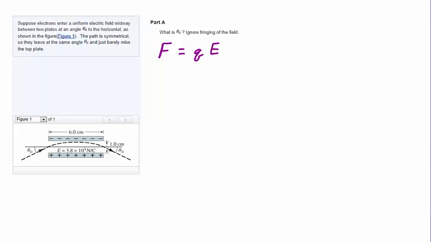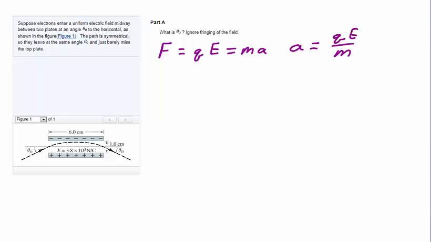Once we understand the amount of force, Newton's second law still says that F is equal to ma, and so the quantity QE that tells us how strong the electrical force is equal to ma, and therefore the acceleration in this problem is equal to QE divided by the mass of the particle experiencing the force.